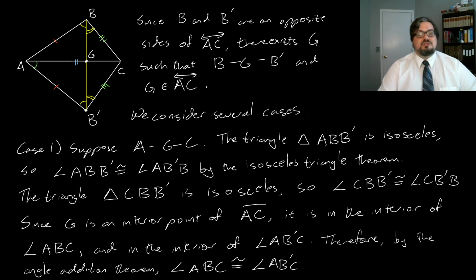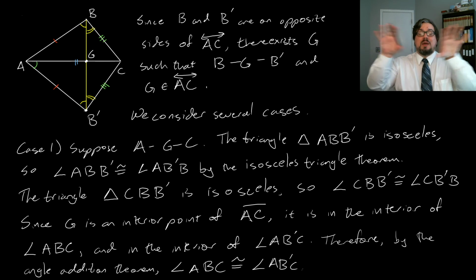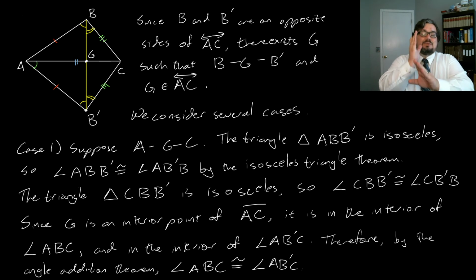So the angle addition theorem requires us to make sure that the two angles that we're looking at really do lie inside a single big angle, which means that the ray where the two angles that we're adding together are adjacent to one another has to lie in the interior of the big angle that we're trying to work with.